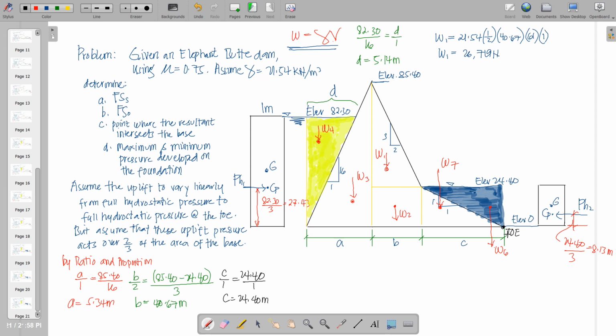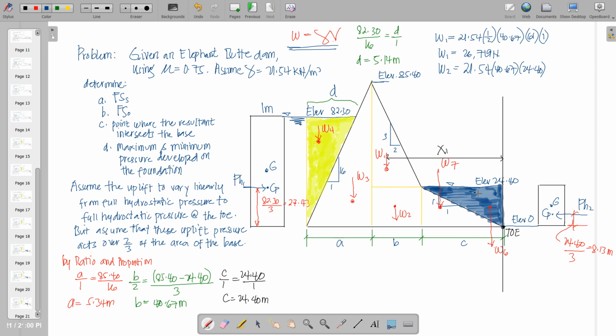Next, we are going to get the corresponding distance of this W1 to the toe. We have here the toe, and this will be our reference line for that one. And here, W1 has its corresponding X1. Next, we have W2 equal to gamma of 21.54. We have a rectangular shape here, B, 40.67 by 24.4.